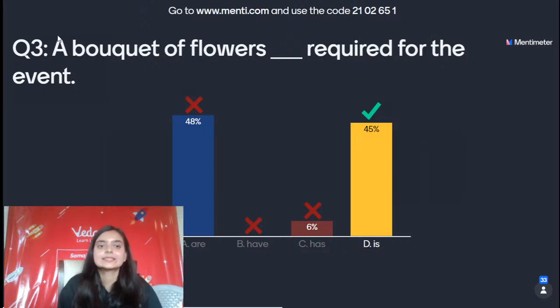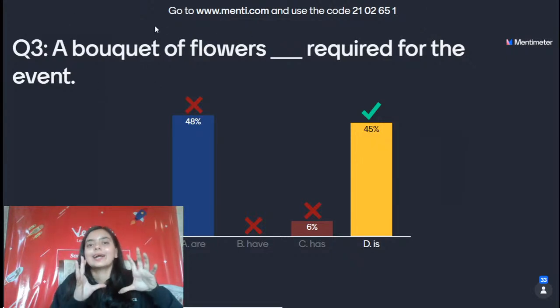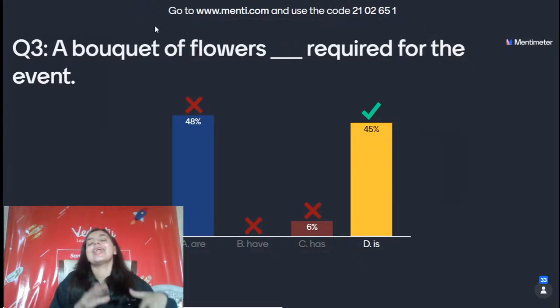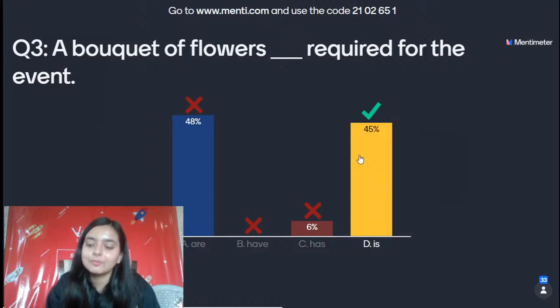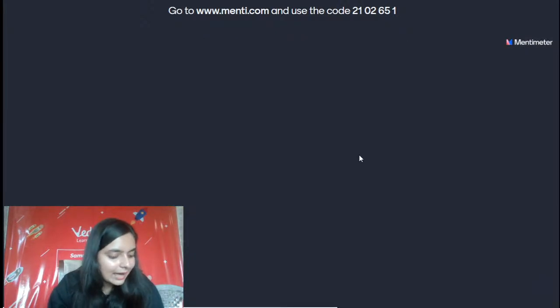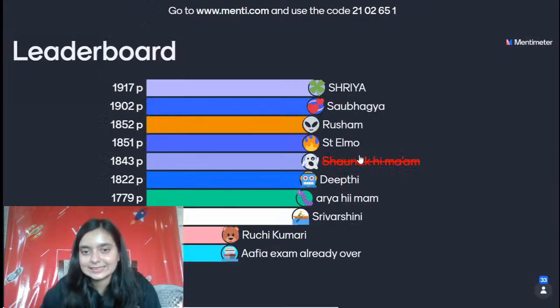Bouquet of flowers. Bouquet is a collective noun. Generally, when we talk about a collective noun as a collection and as a group doing the same thing, then we use the singular verb. ठीक है? Everyone, please remember this.